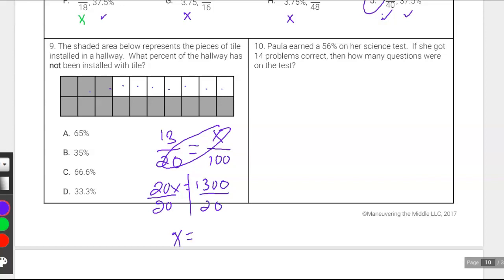So x equals, 20 goes into 136 times, 65%.